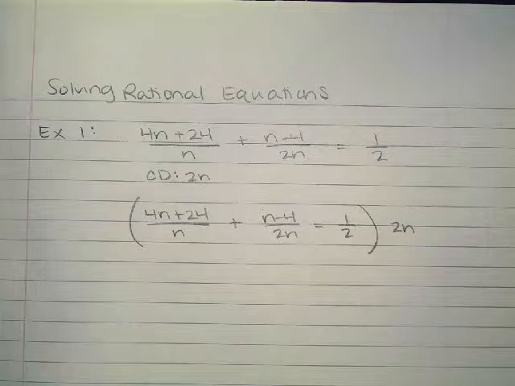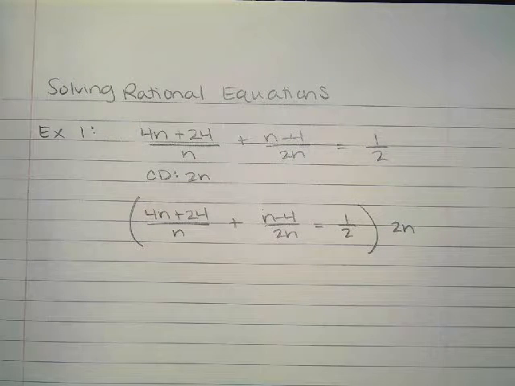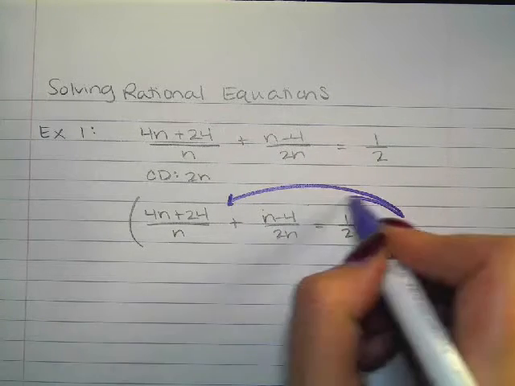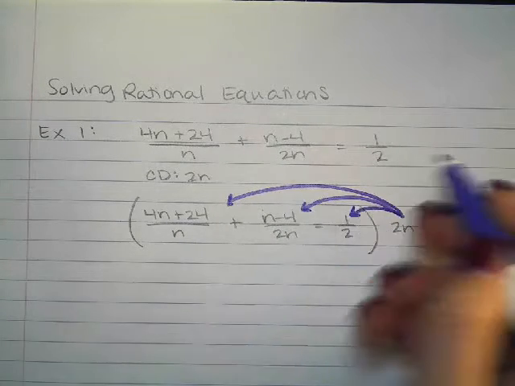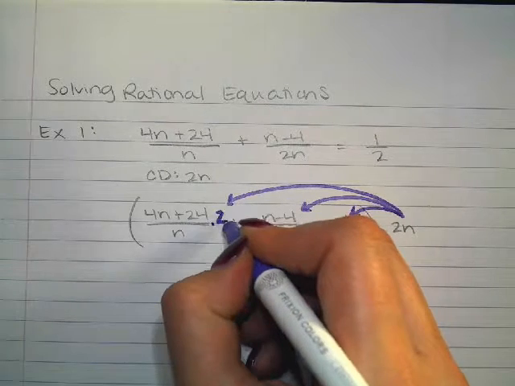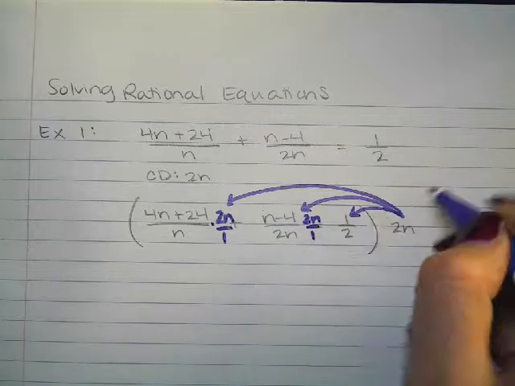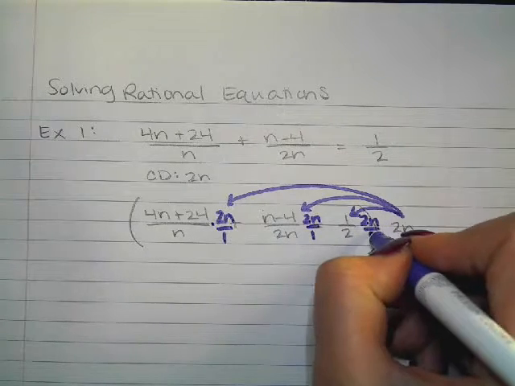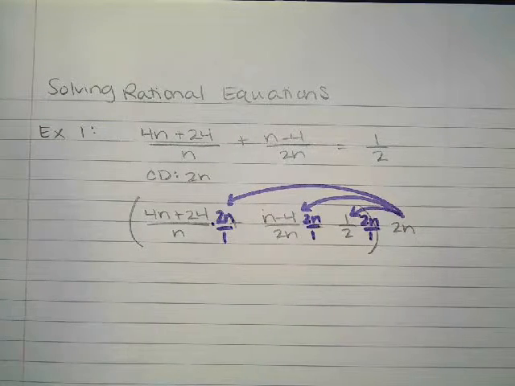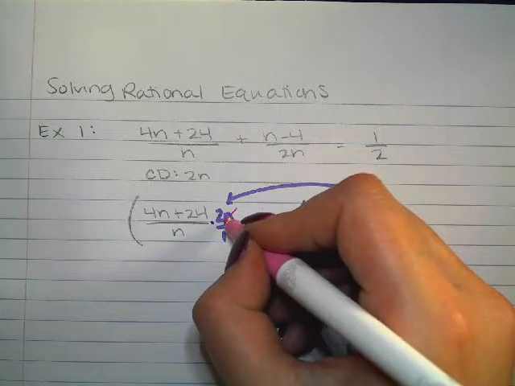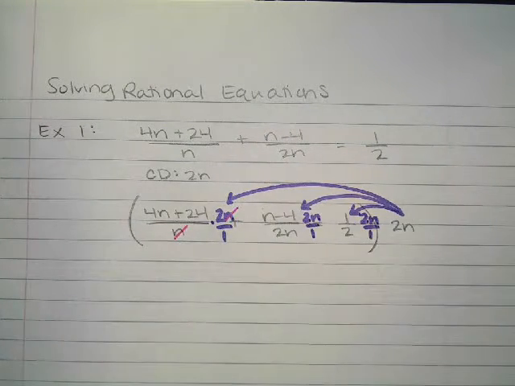So I'm going to distribute 2n to everything: times 2n over 1, times 2n over 1, times 2n over 1. What's going to happen is this n and this n are going to cancel.